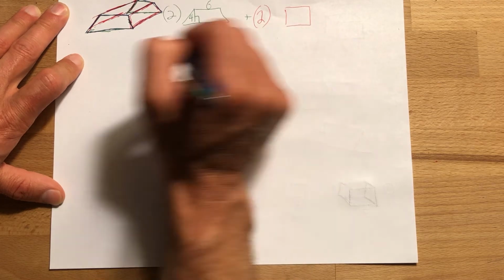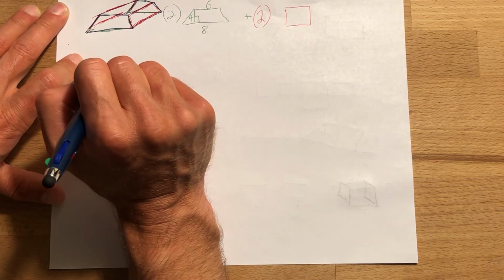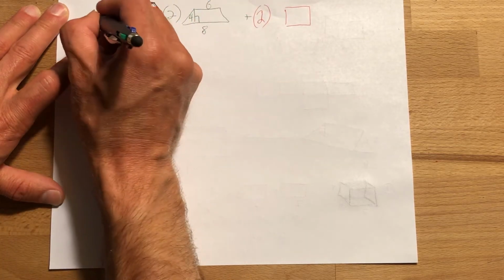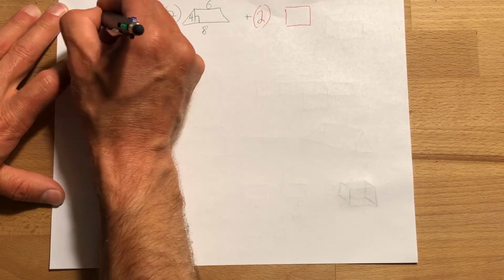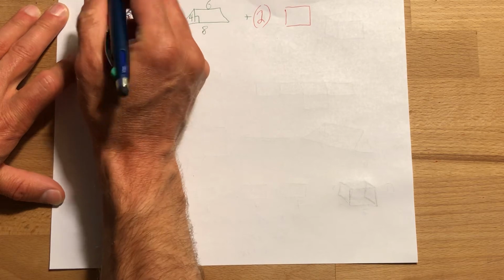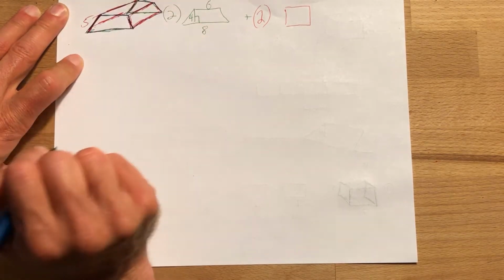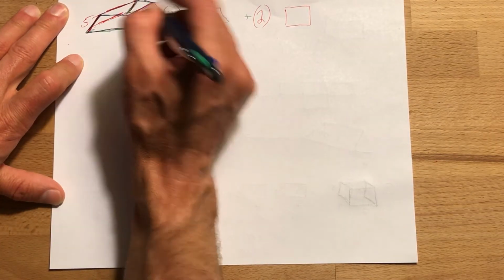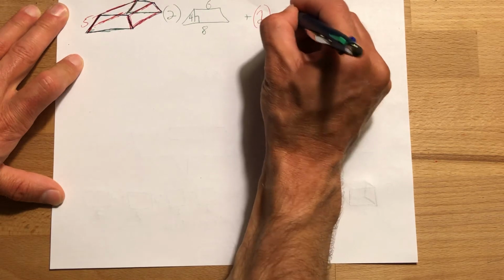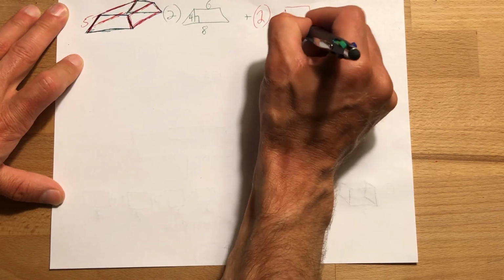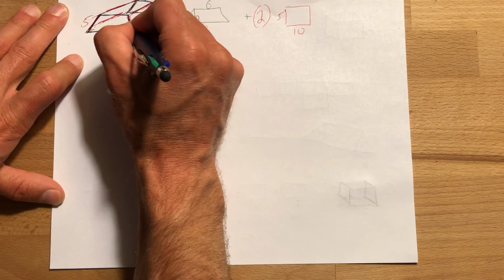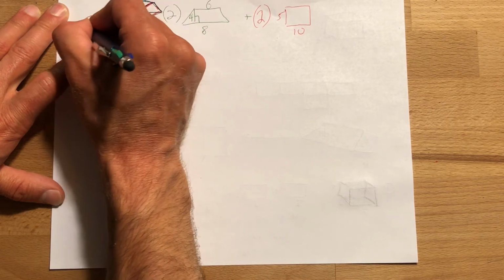Oh, I forgot to draw the length on that. Let's say this right here is 5. The edge is 5, and the base is 10 because this is 10. So 10 times 5 and then 10 times 5.